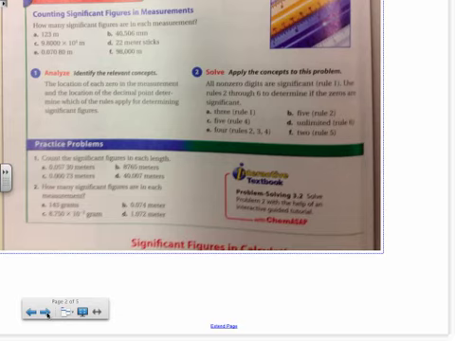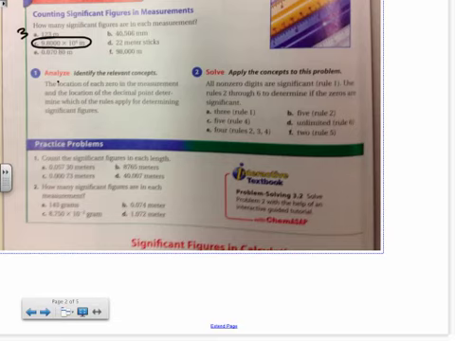It talks about how many significant figures are in each measurement. Well, in the first one, the really easy thing to think about is every number 1 through 9 is significant. So this one would have 3 significant digits. The next one, when you see anything in scientific notation, it makes things really easy because I would never write those zeros in there if they weren't important.